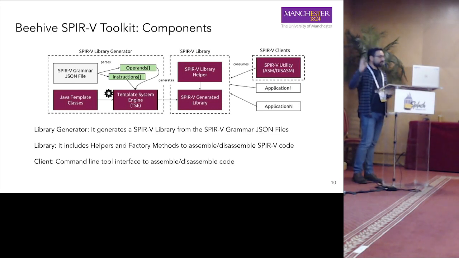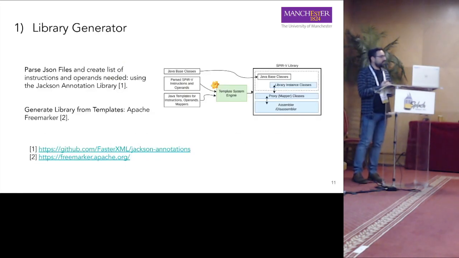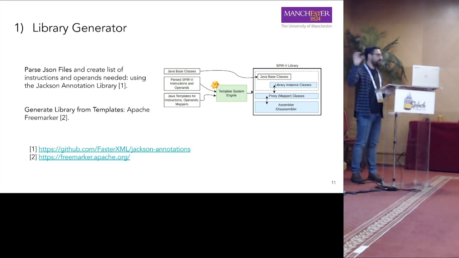So for the library toolkit, let's focus now step by step. For the library, we use two open source software. To parse the JSON file, we use a framework called Jackson Annotation Library. And for the actual generation of the library, we use Apache FreeMarker. So what's the goal?